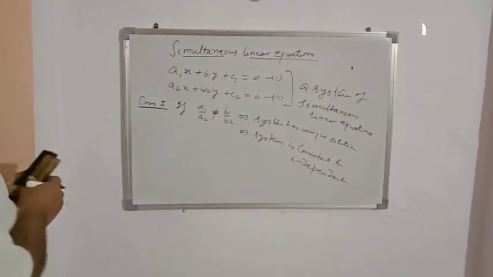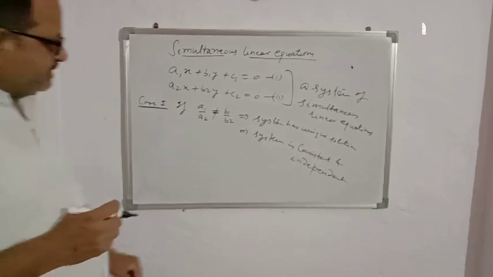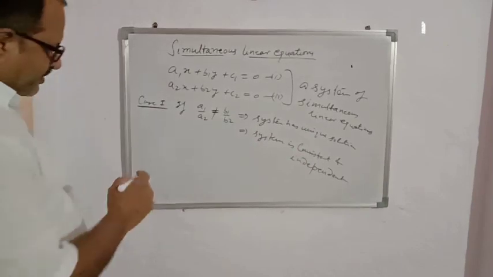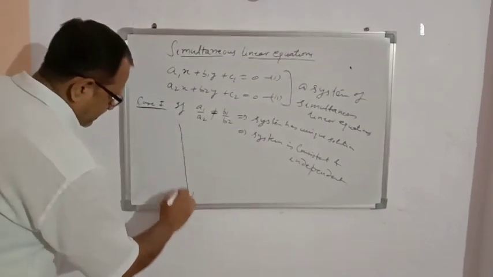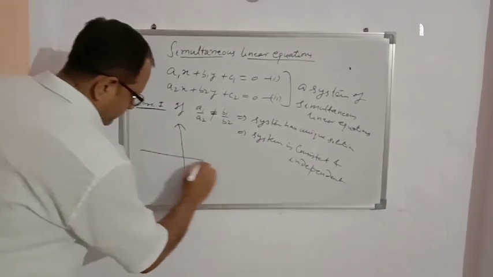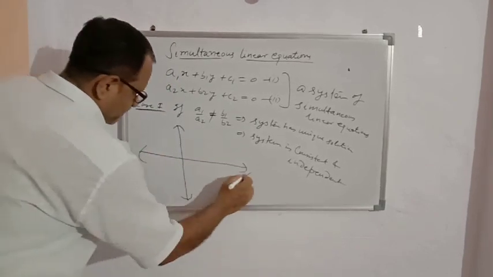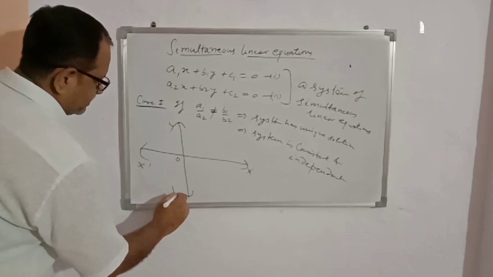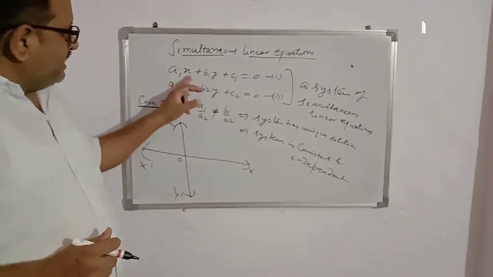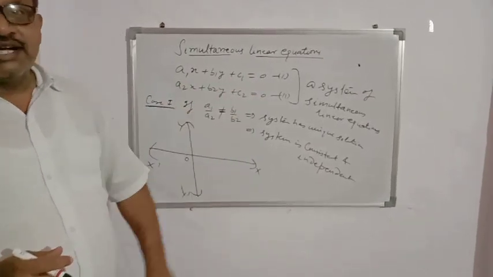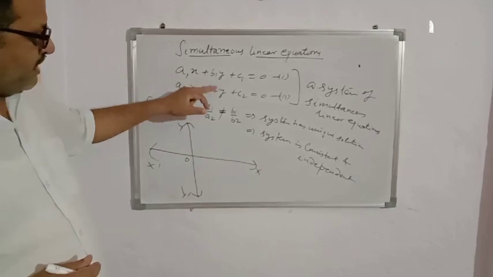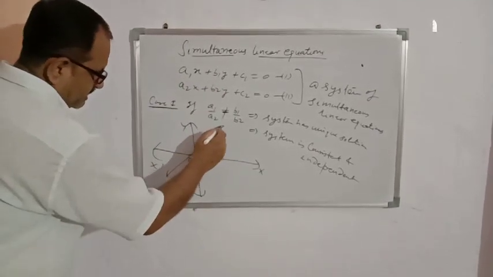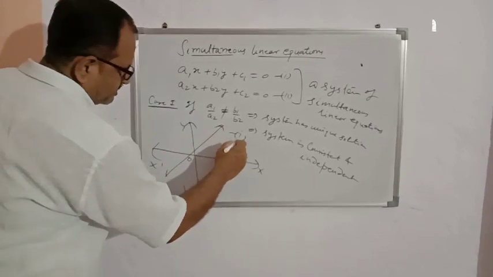Next case, listen one more thing here. If the system has a unique solution, then this is the x-axis, origin, this is the y-axis. Each linear equation in two variables represents a straight line. If we plot the graph of both the equations, like this is the graph of the first equation, suppose.